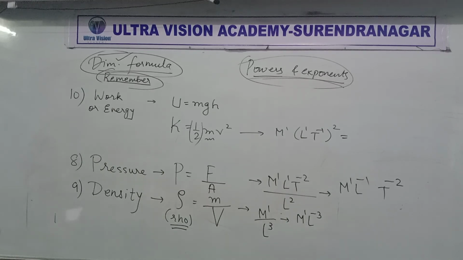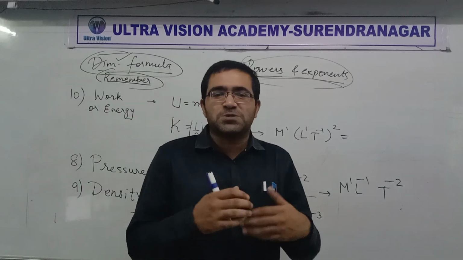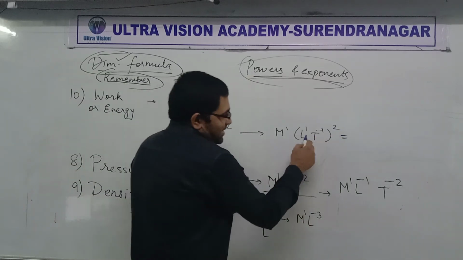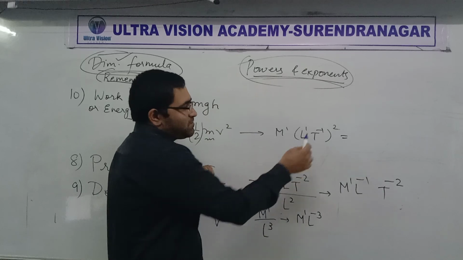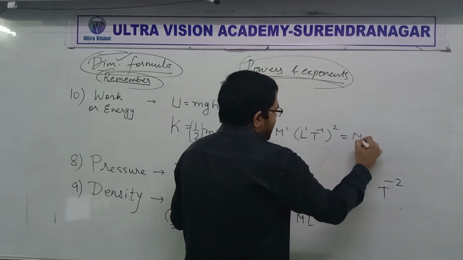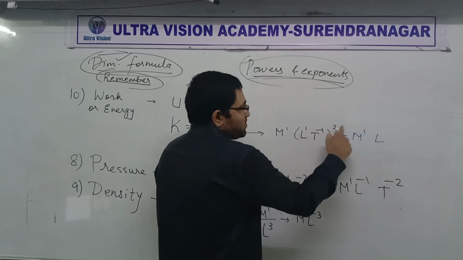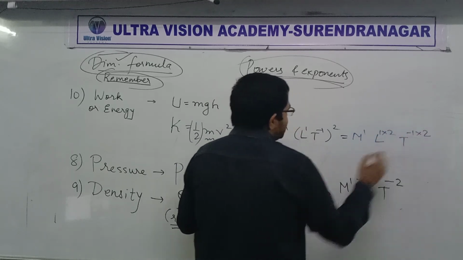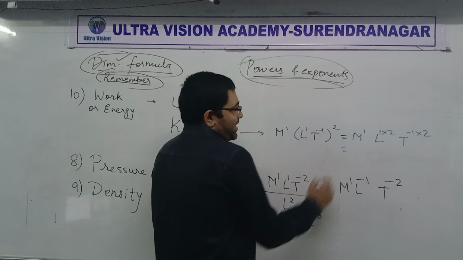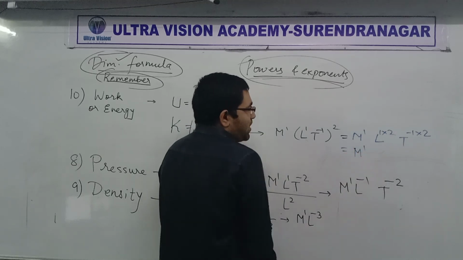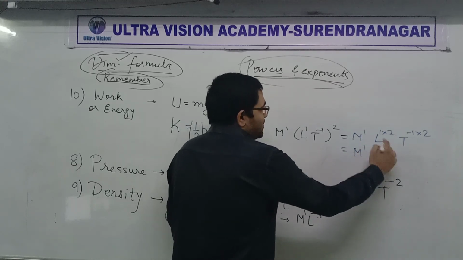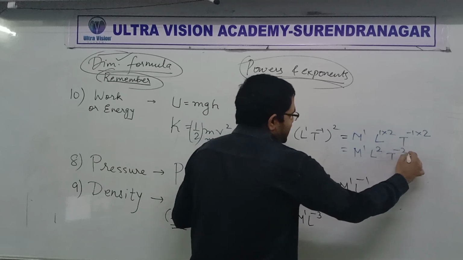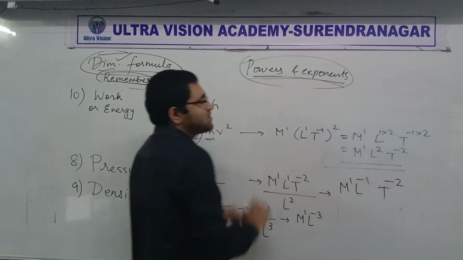Okay, fine, I'm writing it here. When you square and you have powers here, squaring will give double the power. This 1 into 2 will be multiplied and this minus 1 into 2 is also multiplied. So finally this becomes M raised to 1, L raised to 2, T raised to minus 2. This is your final answer.